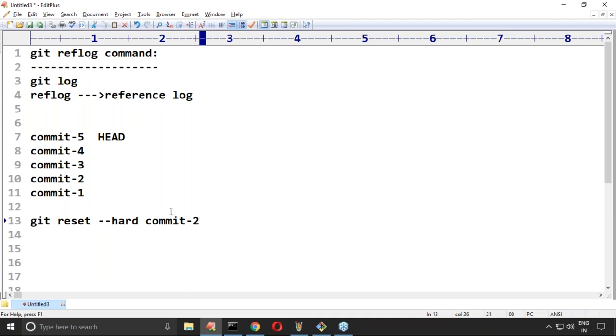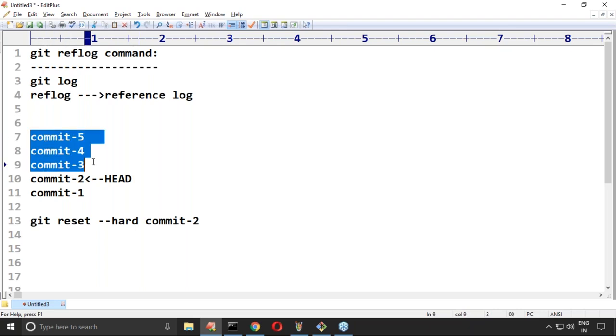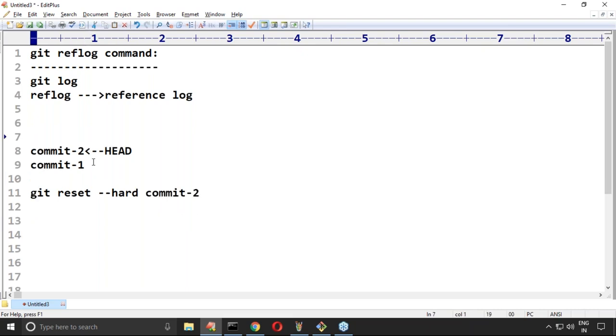Now HEAD, or master, is pointing to commit 2. All the later commits by default will be deleted permanently from the repository, correct? Yes, it is going to be deleted permanently. Not only from the repository, but from the staging area and the current working directory, everywhere. It is a very dangerous command.